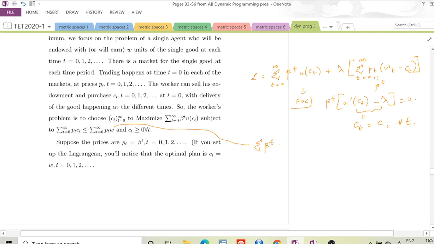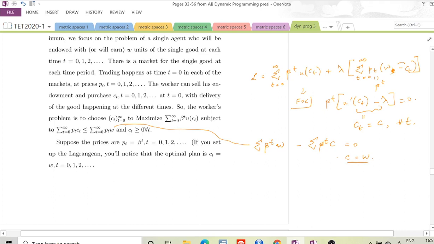So let me say W_t, W, minus summation c, I don't want to waste any amount of my income, so I'll set that equal to 0, so c is equal to W. That's my solution.